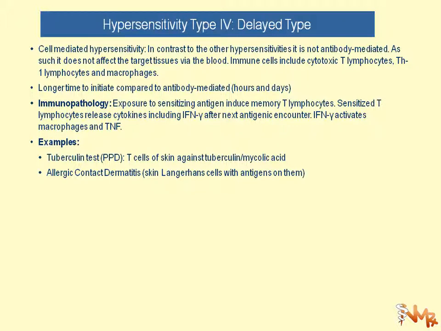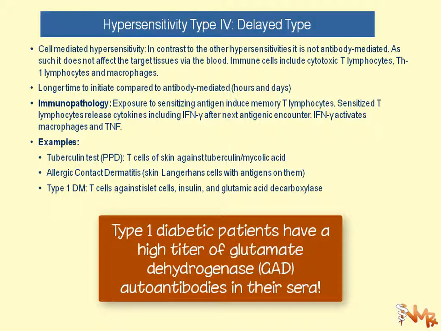The other example is allergic contact dermatitis. In this condition, the skin Langerhans cells react to the antigens. Type 1 diabetes mellitus: T cells react against islet cells, insulin, and glutamic acid decarboxylase.